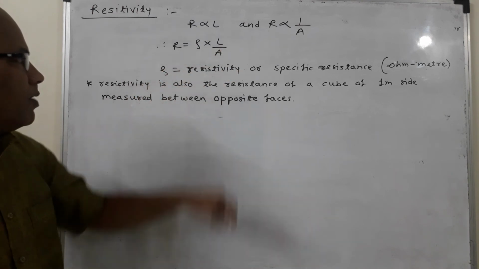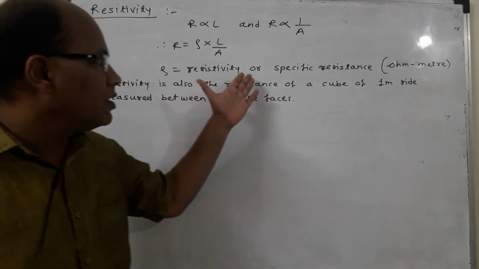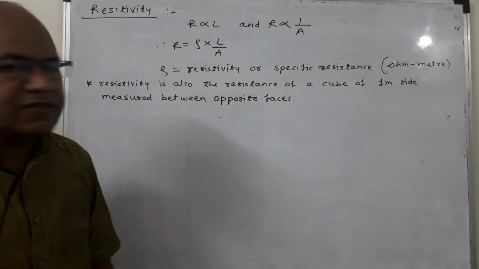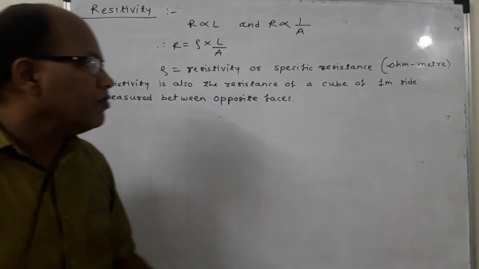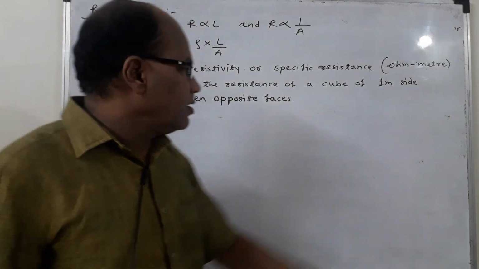Rho is called resistivity, or it is also called specific resistance, and its SI unit is ohm meter.